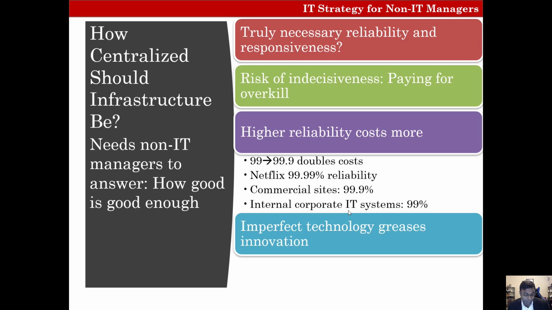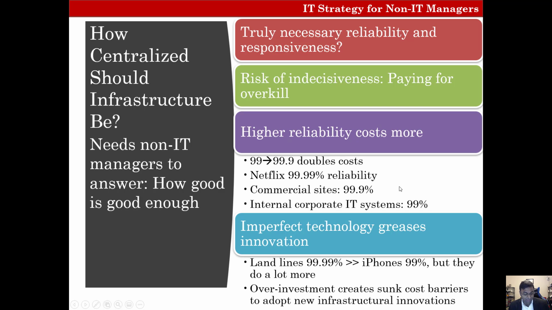Now, everybody wants it to be 99.999% resilient, but is that really necessary? Because it's going to be very expensive. So decide on the level of reliability you want and can afford.